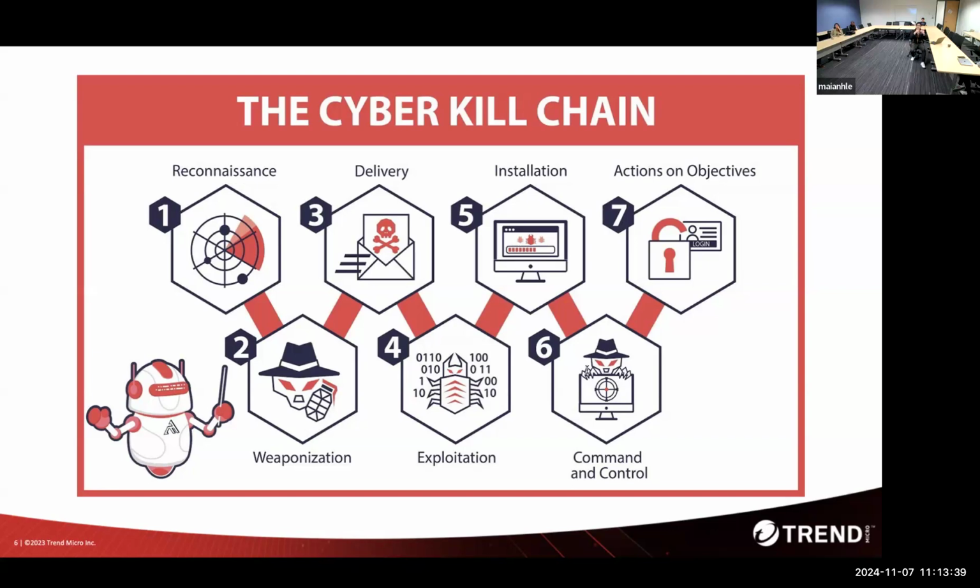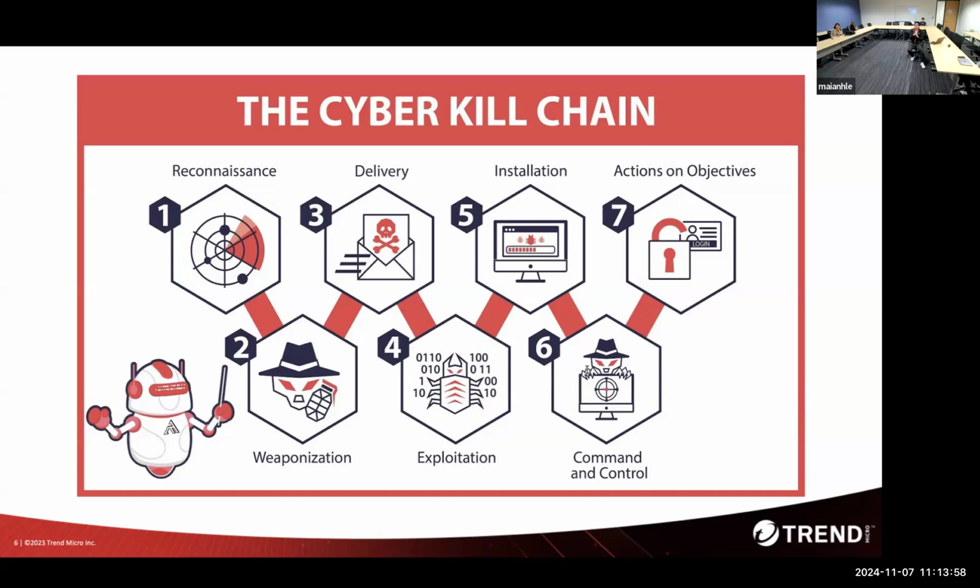They have made it into a seven-stage process. Reconnaissance: look at the perimeter. Say I want to attack a website: what kind of web technology is it using? Are there any weaknesses in this web technology? So that's reconnaissance.